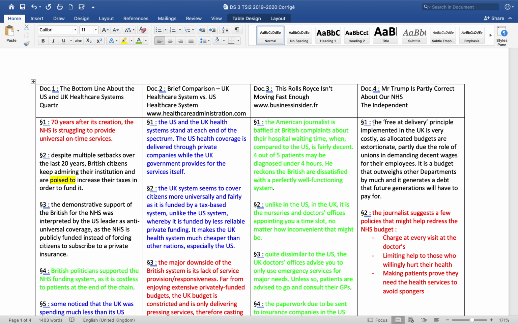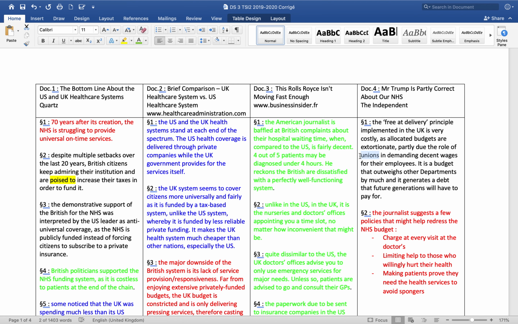So, first paragraph: the free at delivery principle, which means that patients do not pay for anything, implemented in the UK, is very costly as allocated budgets are extortionate, partly due to the role of unions in demanding decent wages for their employees. So this British journalist thinks that the British system is expensive because the doctors have to be paid decent wages. All the hospital staff is asking for decent wages, okay?